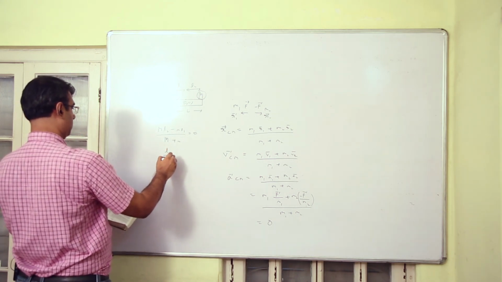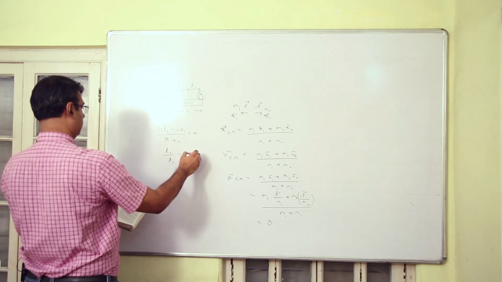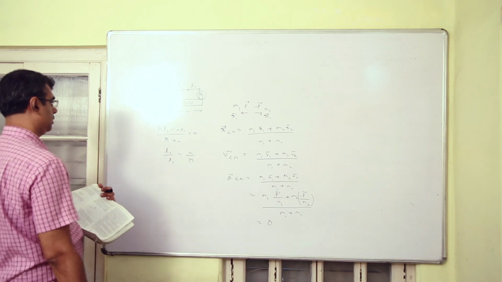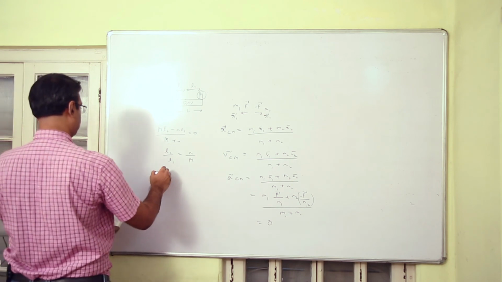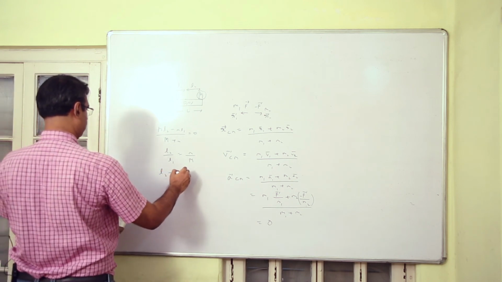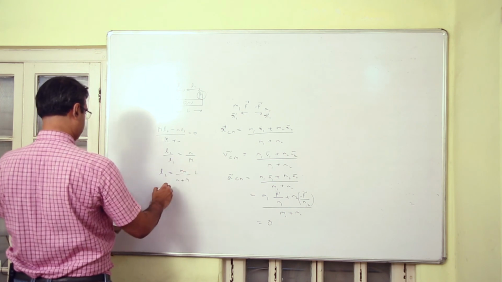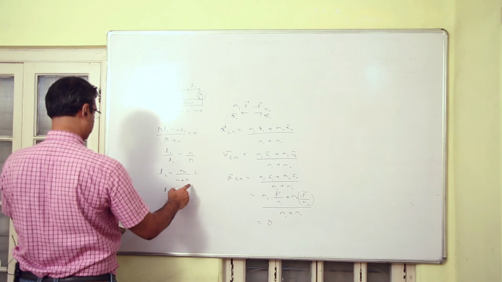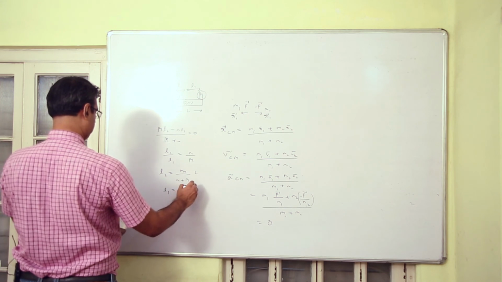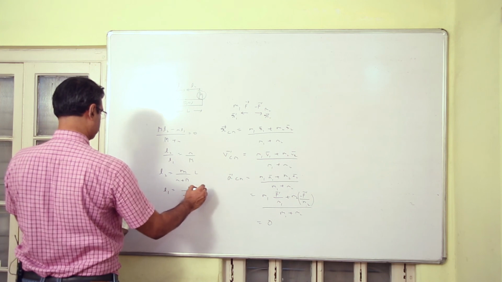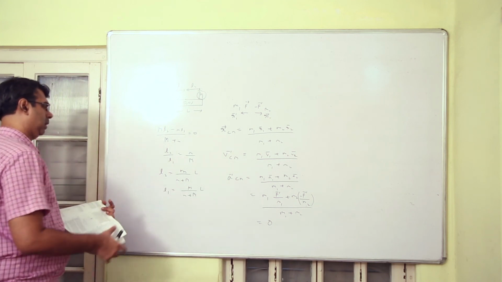So L2 by L1 will be equal to small m by capital M. So now we are in a position to say that L2 will be small m by small m plus capital M into L, and L1 will be capital M by small m plus capital M into L.